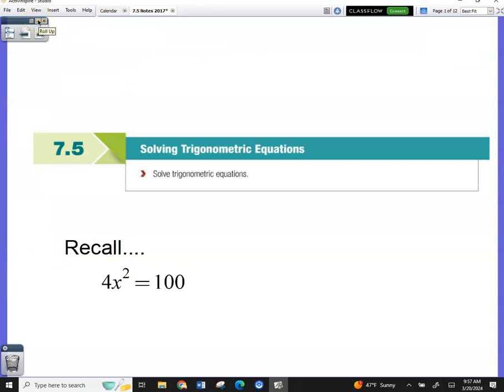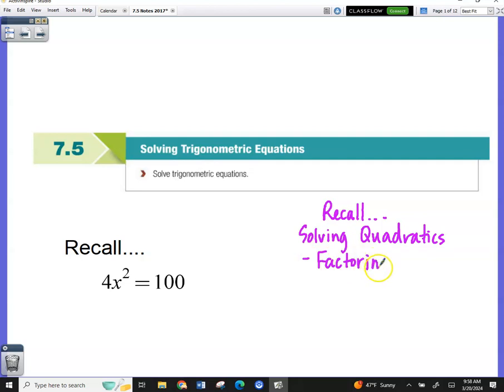Alright, we're still recording. Okay, so right here I wrote, recall solving quadratics. Refresher from college algebra, solving quadratics. You can solve by factoring, but that only works if it will factor.